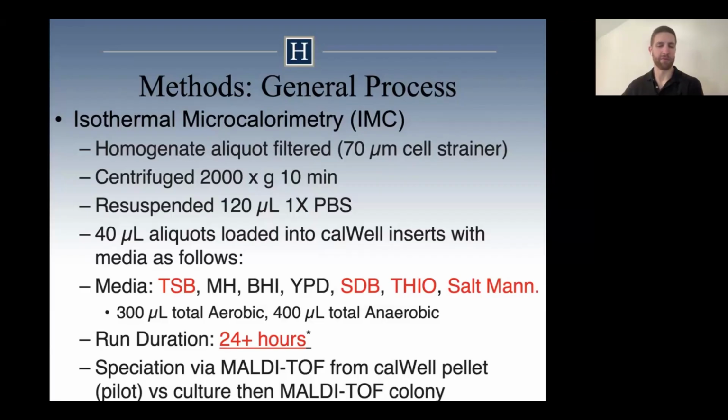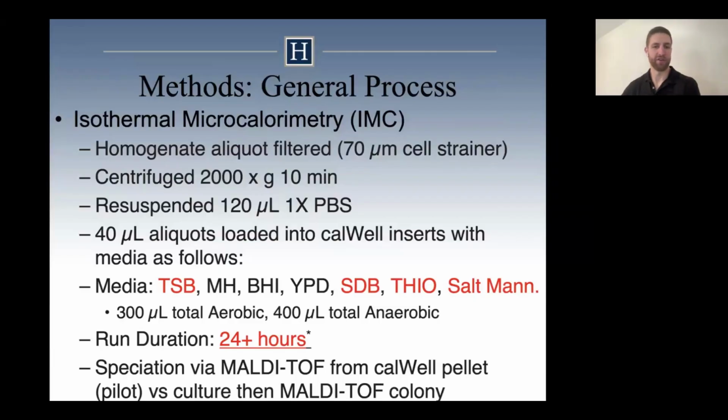And the run duration was a minimum of 24 hours in the calScreener. That was, again, an evolving process. Early on, we set it at basically 24 hours, and we were running pretty consistently right around that time. We learned that there were some that were slower growing and needed just a little bit longer that we were missing pretty clearly from that.